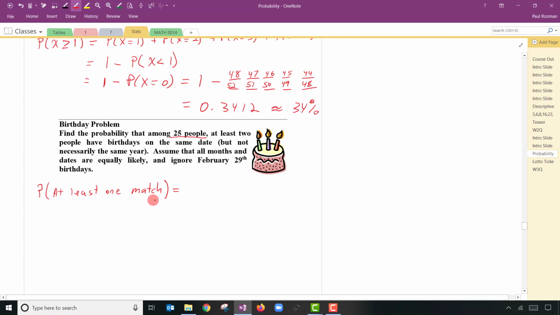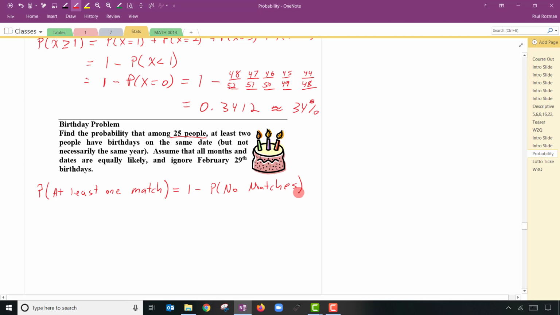So let's abort that idea of trying to do it directly and try to do the complement. What's the opposite of having at least one matching pair? It's none.